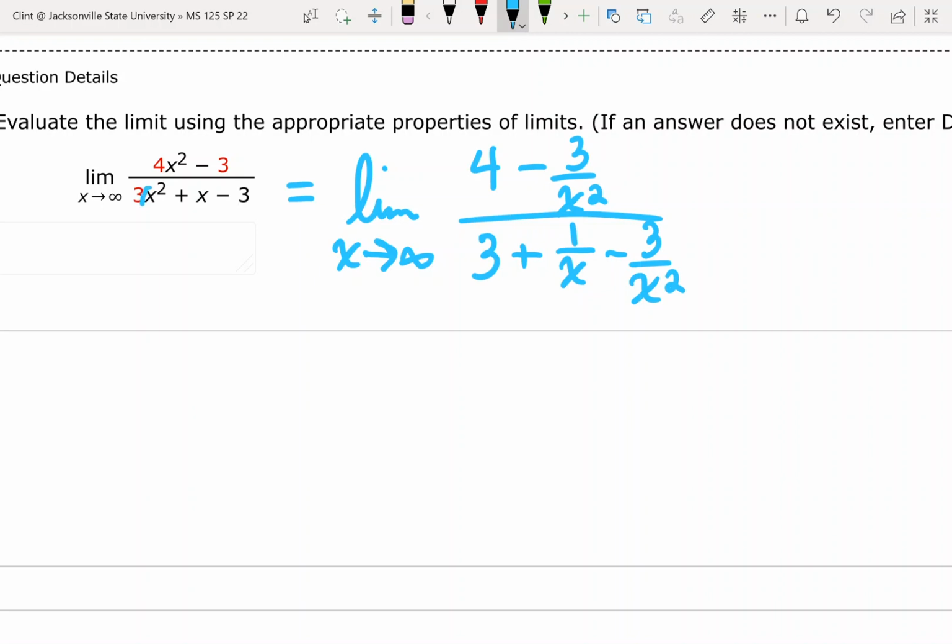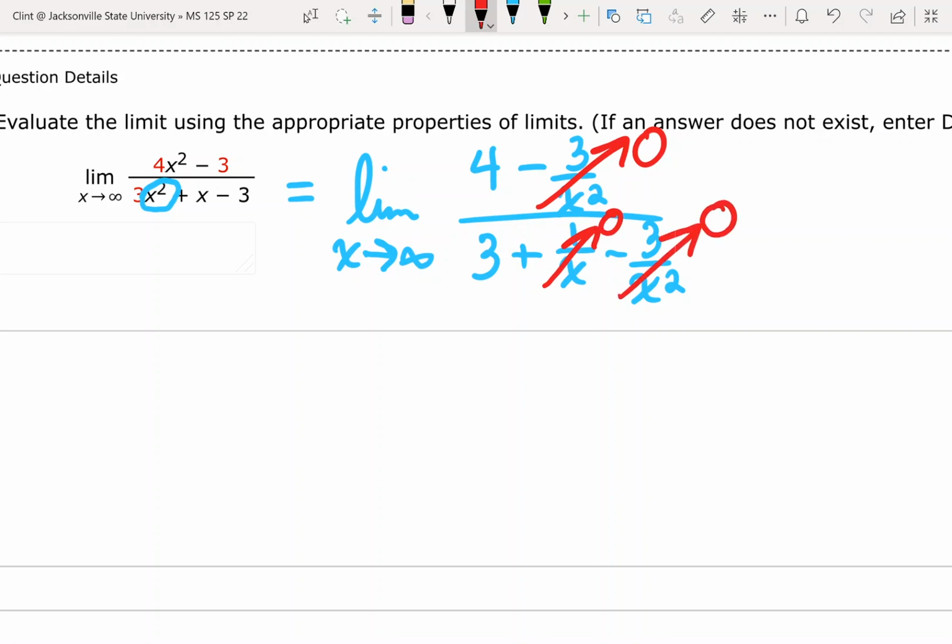And we're dividing by this one. So then what happens here? Anytime we have a number over a power of x and we're approaching infinity or negative infinity, what's our limit going to be? 0. So this one goes to 0, this one goes to 0, this one goes to 0.